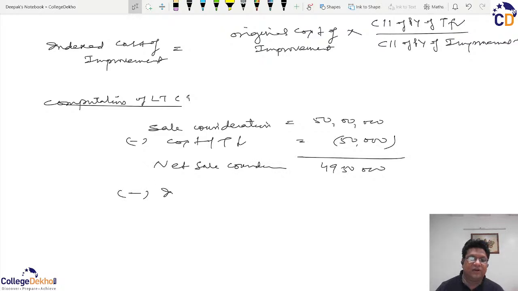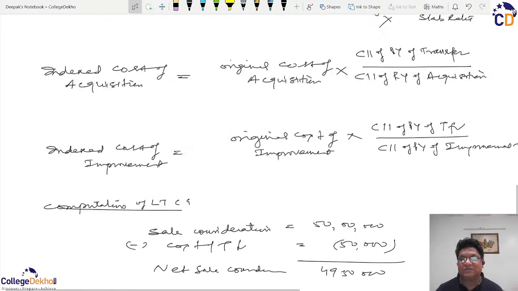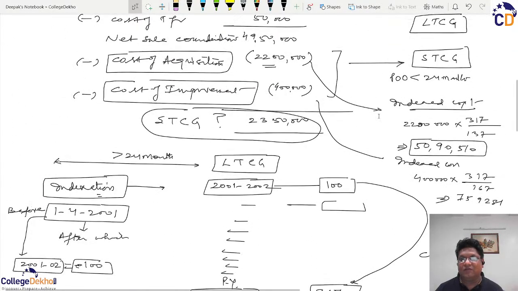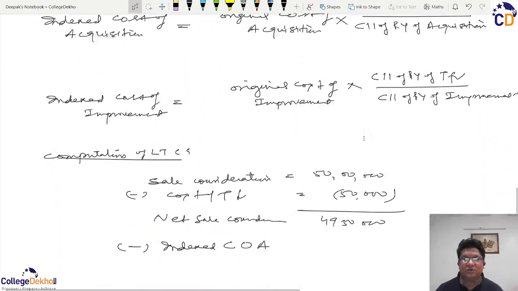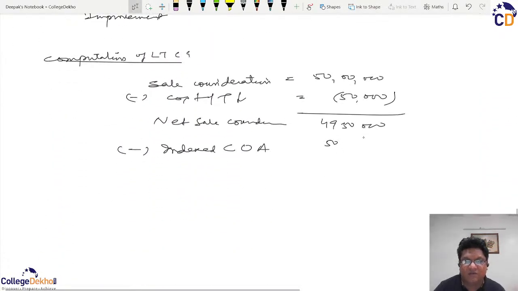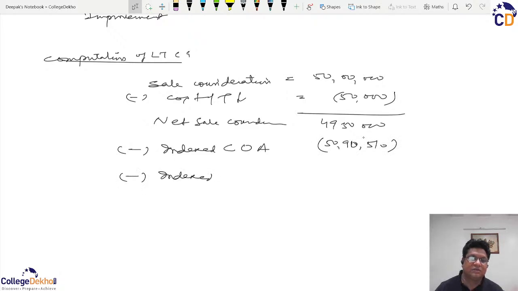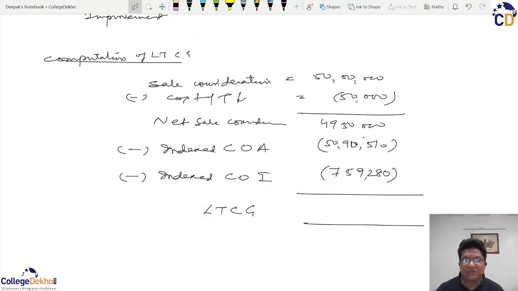Out of that we will deduct the indexed cost of acquisition, and that indexed cost is coming out to be 50 lakh 90,510, and we will deduct from here the indexed cost of improvement, and that is coming out to be 7,59,280 if we take the round figure. Then this long term capital gain, as you can see, is coming out to be negative.